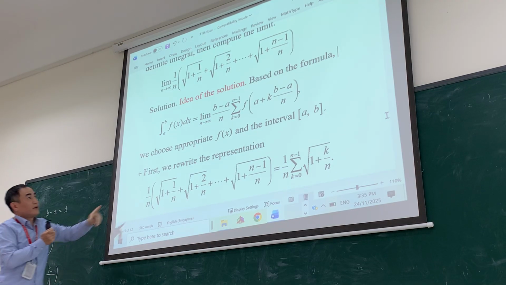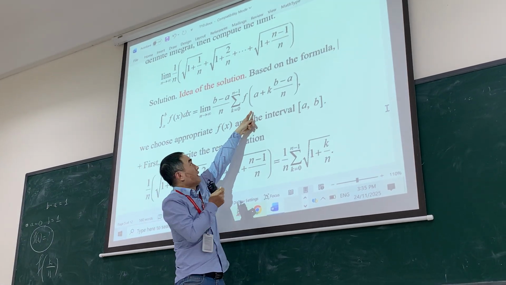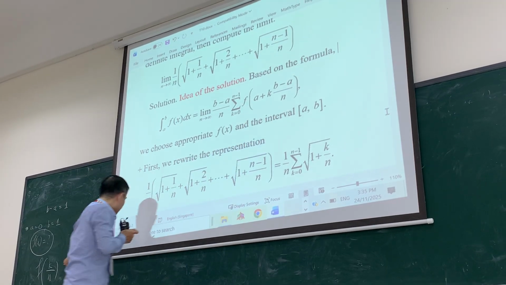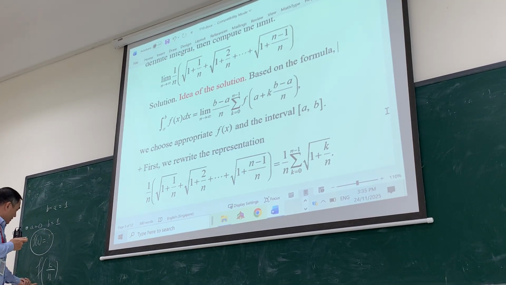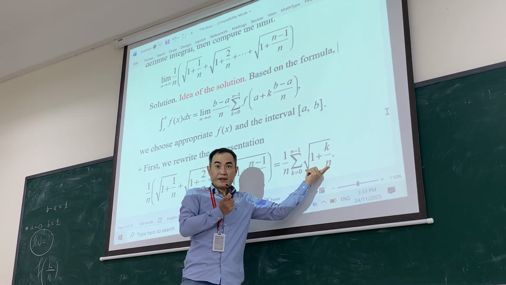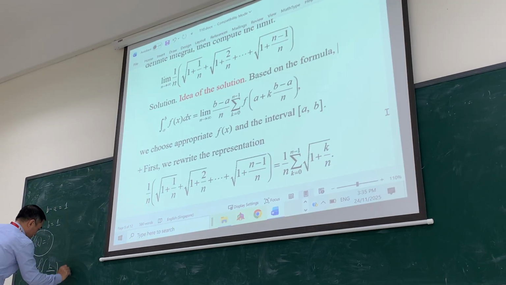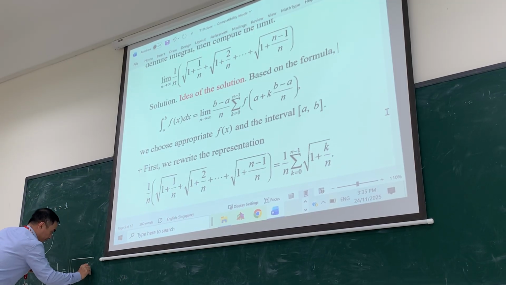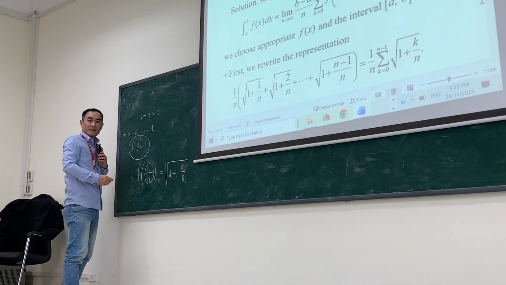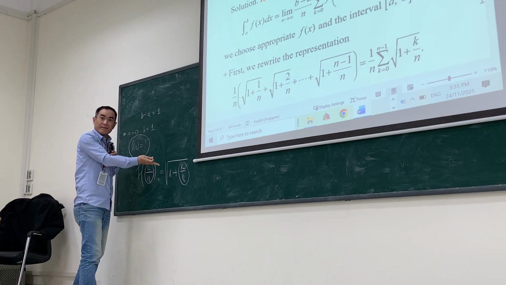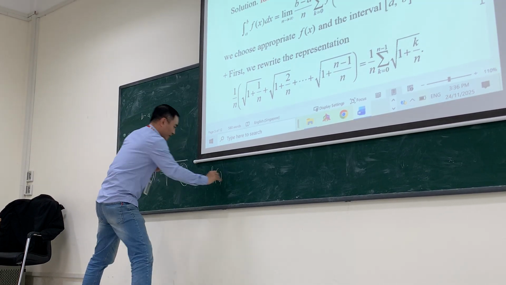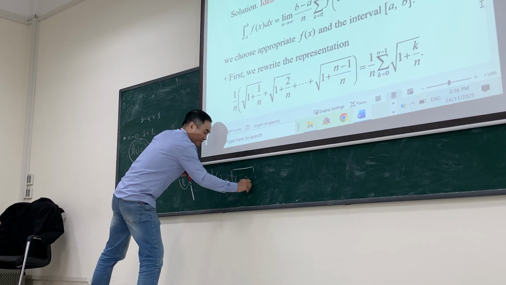The value here equals square root of 1 plus k over n. The two values are equal, so we can guess f(x) equals square root of 1 plus x.